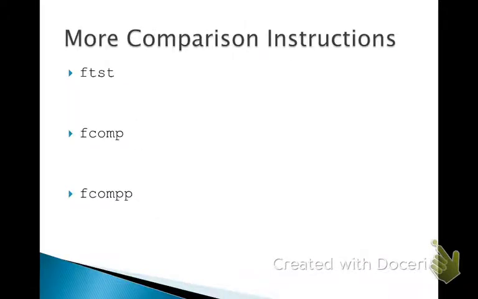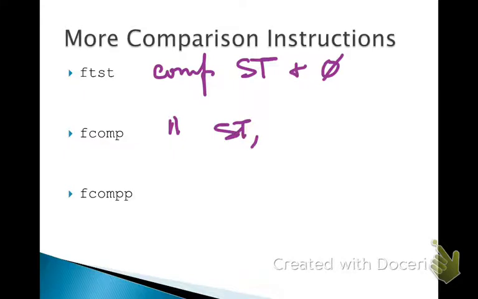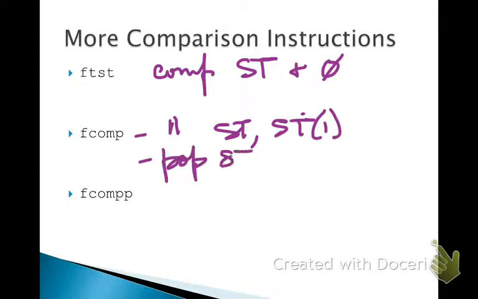Alright, some more comparison instructions. What if I want to test for 0? This one is going to compare stack top and 0. Okay? fcomp is going to compare stack top and st1, and then pop stack top.